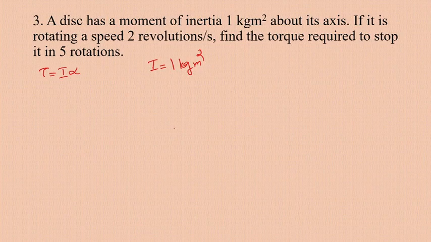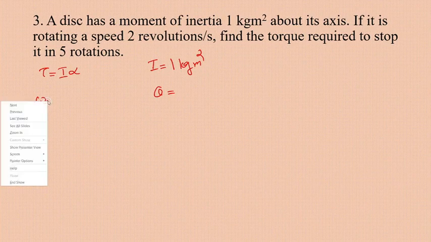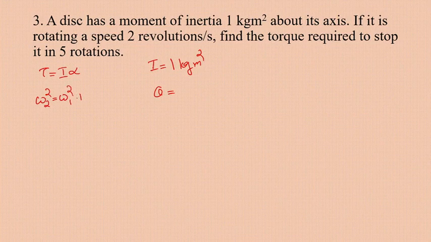Alpha is the angular acceleration that we can find using the equations of motion in rotation. We can use the formula omega 2 square equals omega 1 square plus 2 alpha theta.